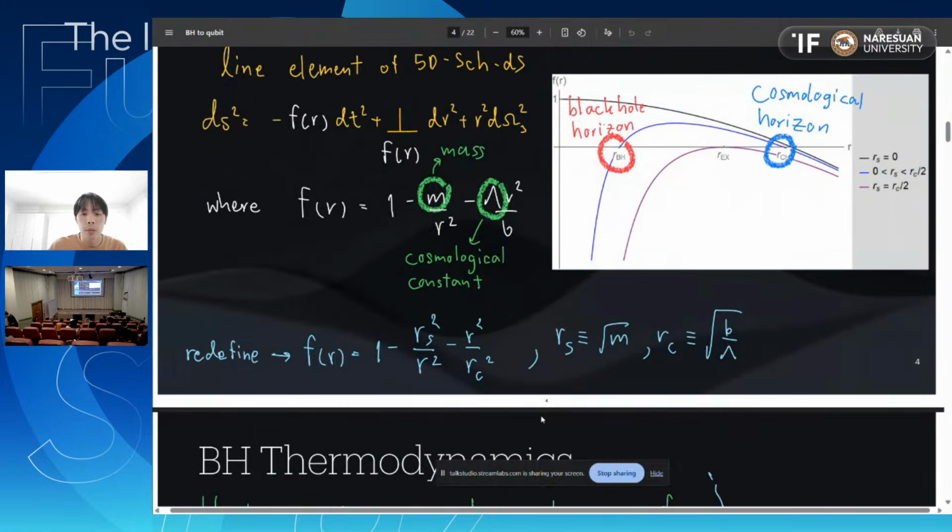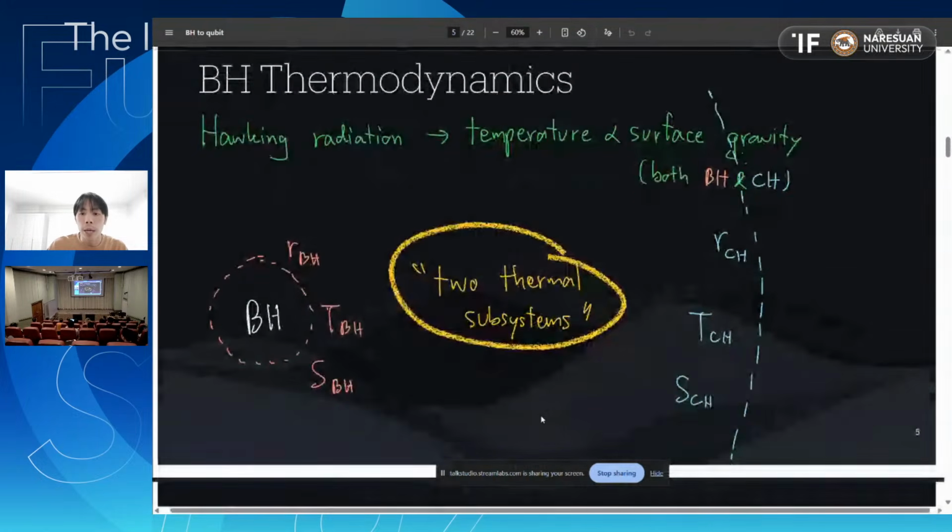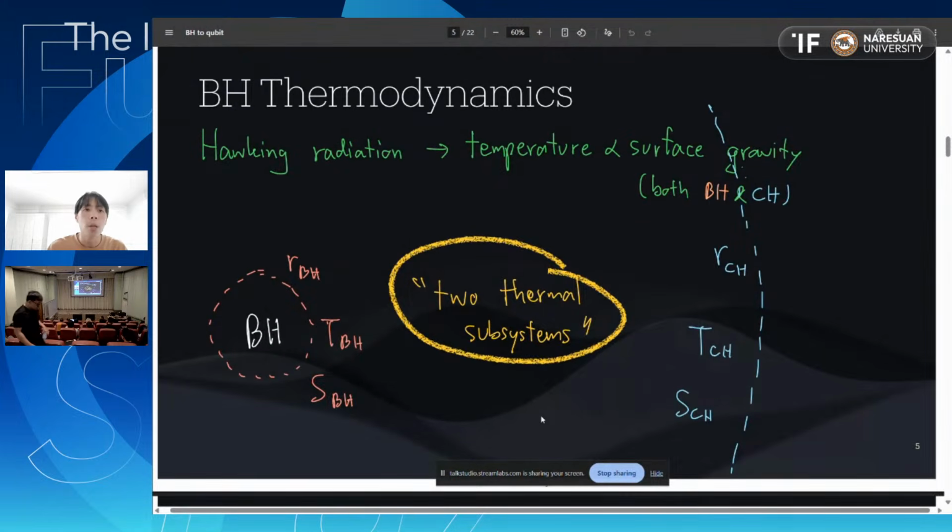Now, knowing the horizons, we can actually compute the thermodynamic quantities. For example, the Hawking temperature at the black hole horizon and the Hawking temperature at the cosmological horizon, which I use the subscripts BH and CH for. And then we can also find the entropies, the entropy of the black hole horizon and the entropy of the cosmological horizon, which is proportional to the area, the so-called area law.